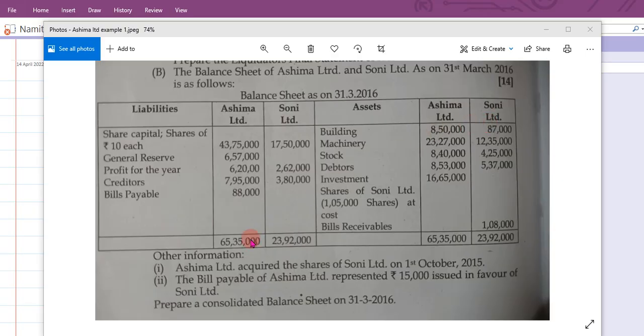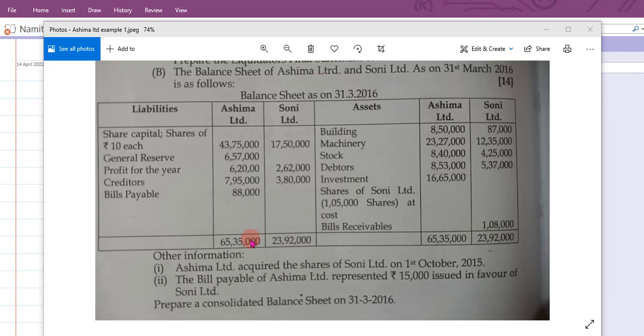Now first we need to understand which company is the holding company and which company is the subsidiary company. Holding company means what? The holding company is the company which holds the majority or whole of the shares of another company. So the other company is called the subsidiary company.